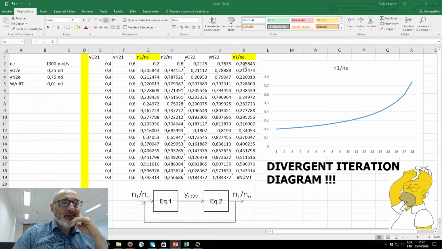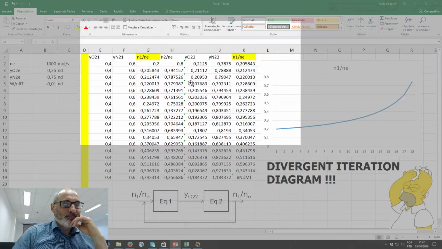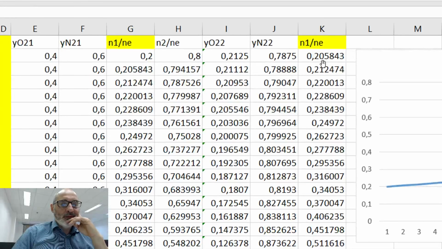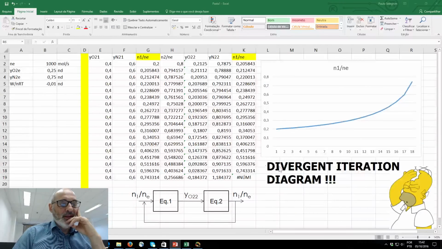So this number goes back, let me zoom there. This number here, 0.205843, comes here, and you get 0.2124. You see where it's going.